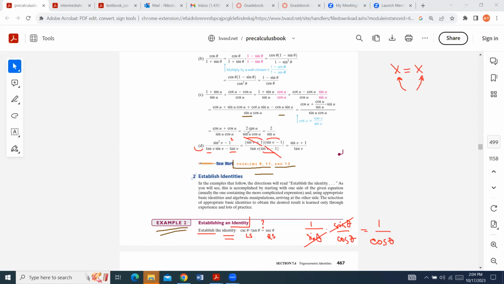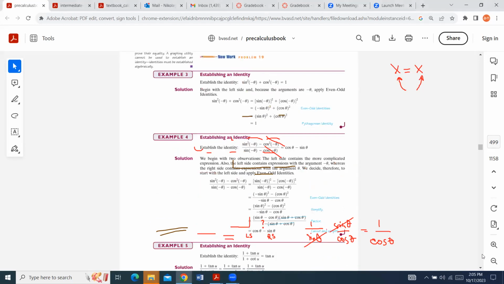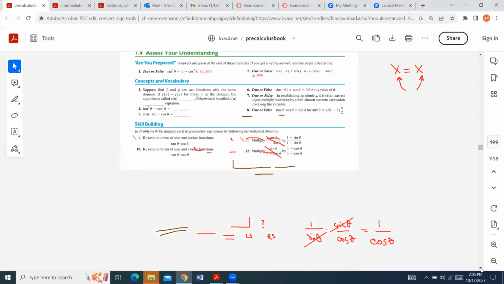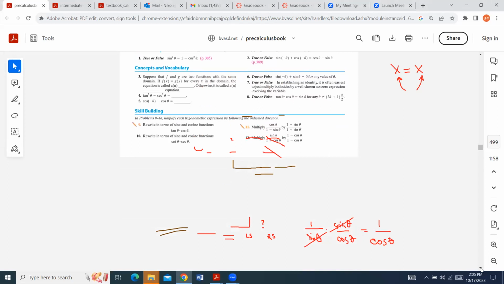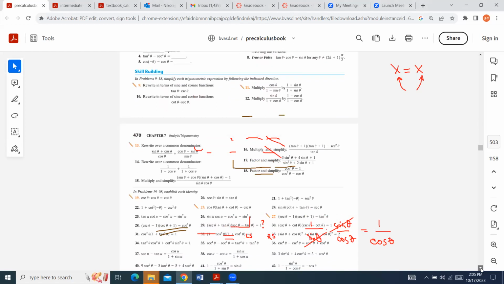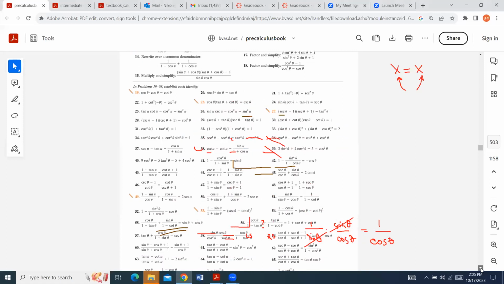And whatever is left, or actually I should be careful, they cancel not the first, but the second parentheses, right? With a minus. And that way they get whatever remains for the answer. So I guess we're going to practice more in this section, working on the left side of some identities and sometimes moving to the right side, or sometimes working on both sides at the same time. And this is nothing else but improving various algebraic skills.